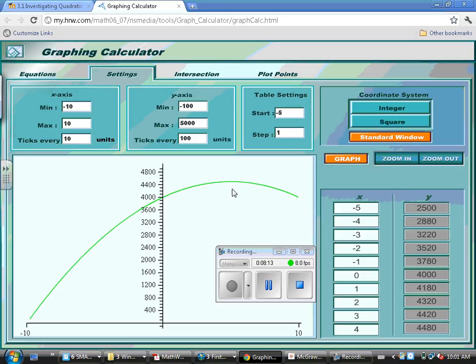We're looking at about halfway between 0 and 10, right? So you can see the peak is probably at 5 and 4,500. Okay, and I'm not exactly sure how to show the coordinates of a point on there when you're tracing it, but that's okay. Okay, what assumptions did you make in creating and using this model function?